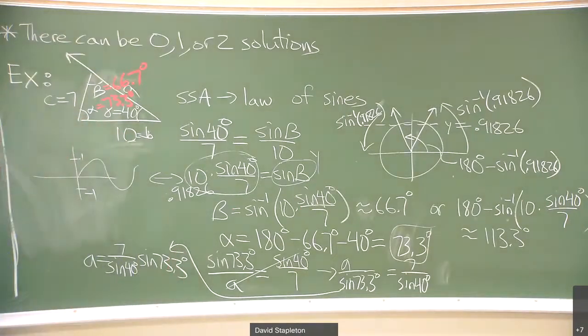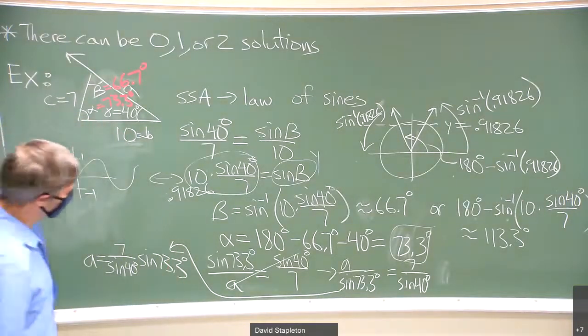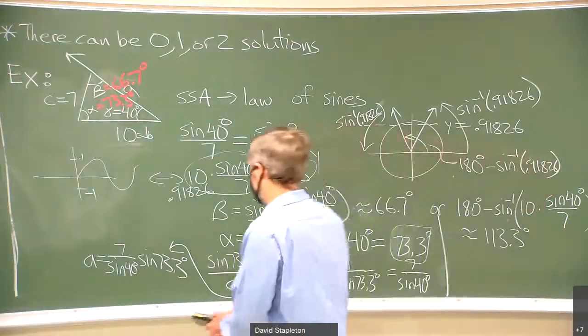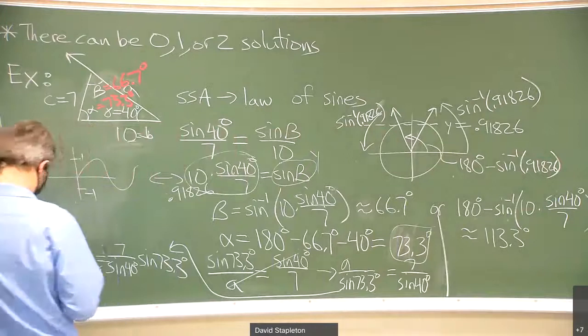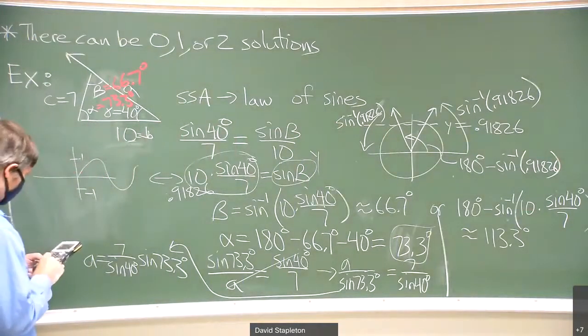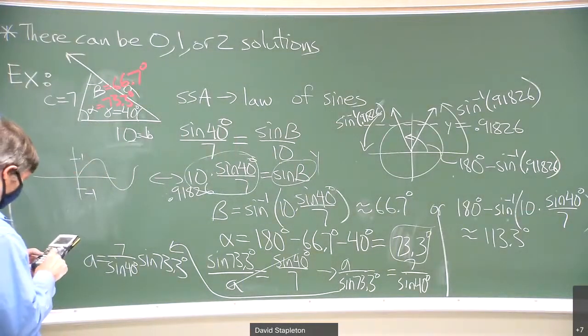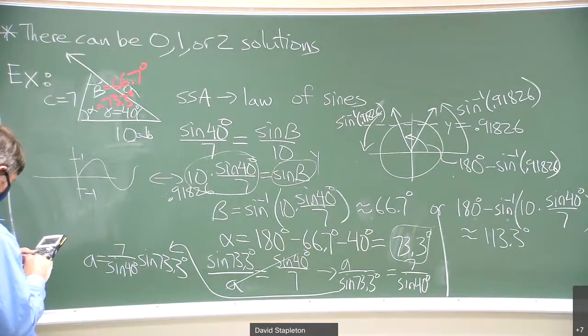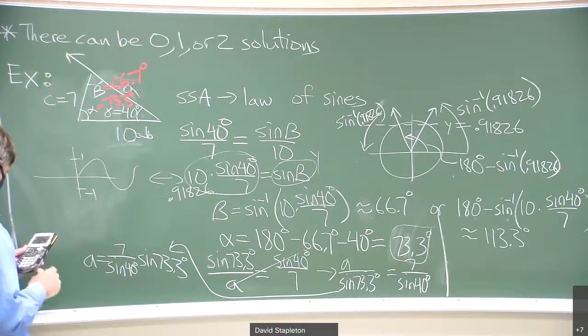I won't usually do this, but I want to break this into two cases here. So let's try that. 7 divided by sine 40 closed times sine 73.3 closed. And I've got 10.4.